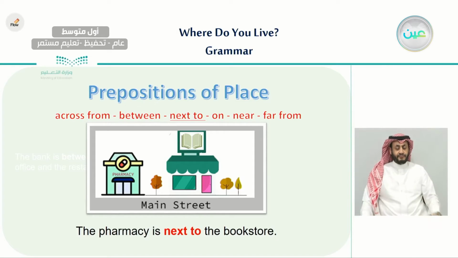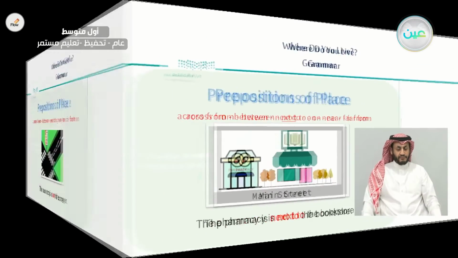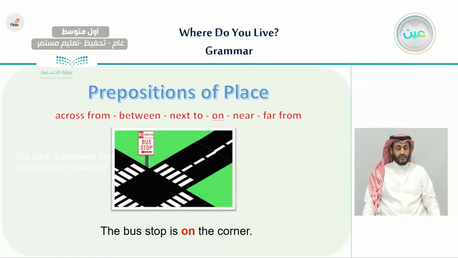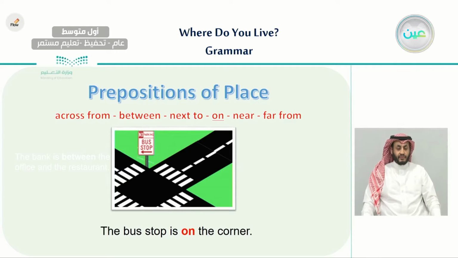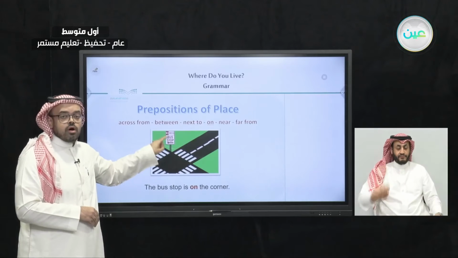The other preposition we have is on. The bus stop is on the corner. So here you see a corner of the street and here is a sign of the bus stop. So for corners we would use on.